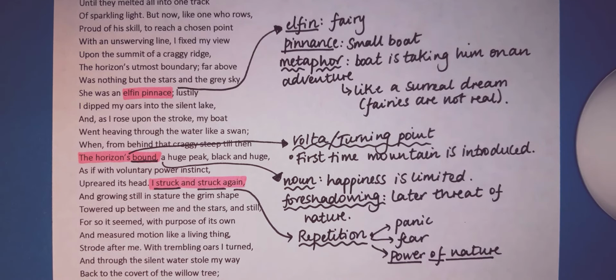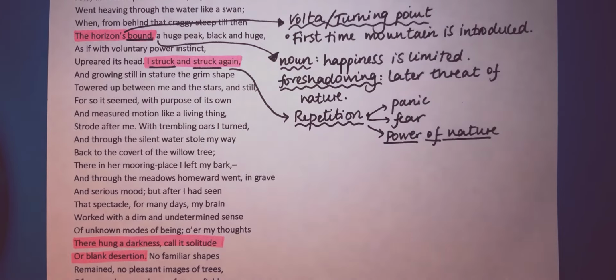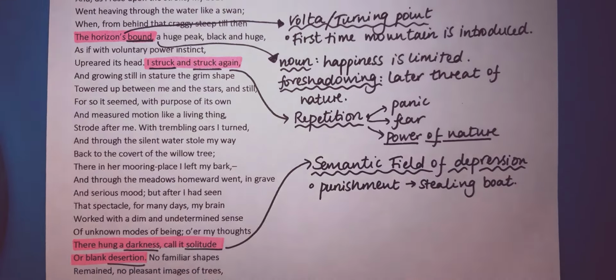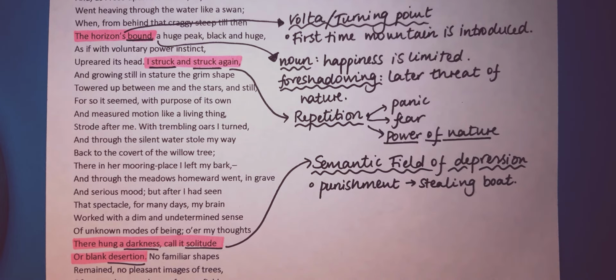Now the next thing that I'm going to look into and highlight is here. So the next quote is, "Their hunger darkness, call it solitude or blank desertion." Now there's a semantic field here of depression, and it's kind of like punishment. So here we've written that there's a semantic field of depression, and it's because of the punishment for stealing the boat.